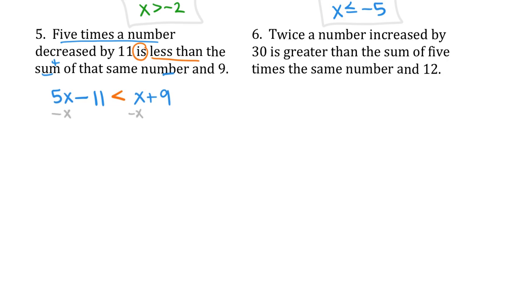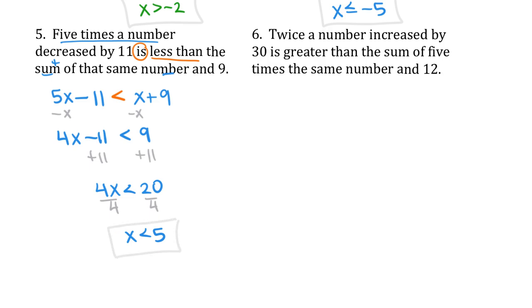If your solving's a little different, it's fine. Just be careful. Make sure you keep the correct things on the correct side of the inequality. Okay, x is less than 5.